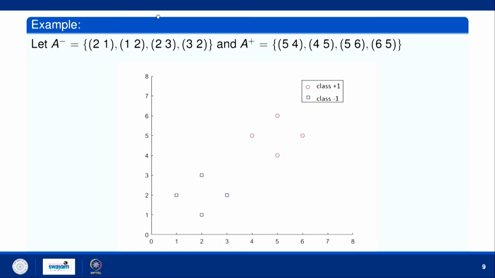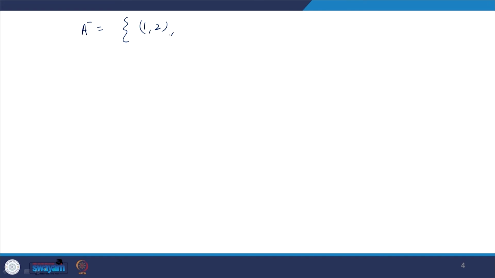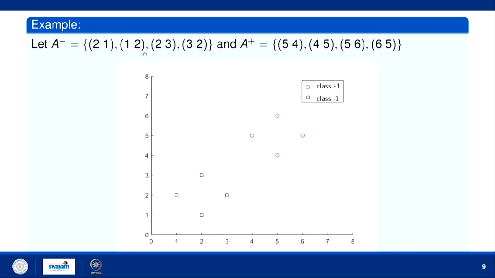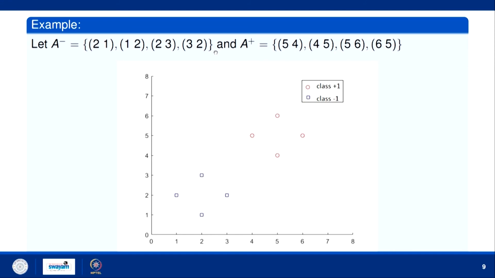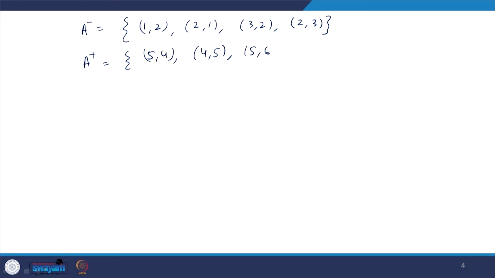Patterns for A minus: (1, 2), (2, 1), (3, 2) and (2, 3), and patterns for A plus: (5, 4), (4, 5), then (5, 6), (6, 5). So, these are the two classes we are having here.